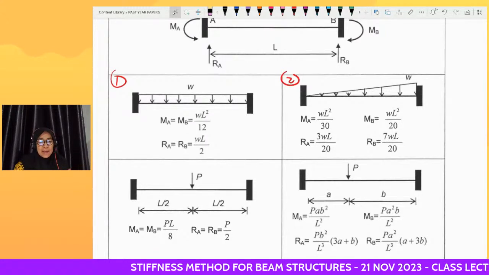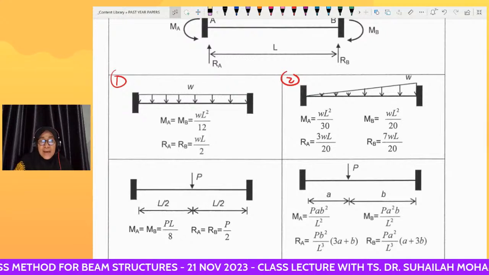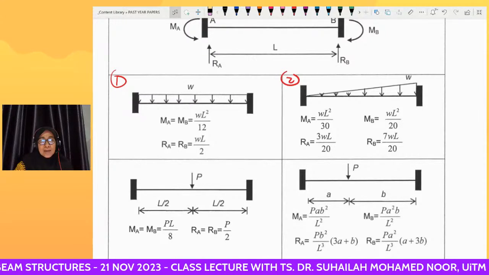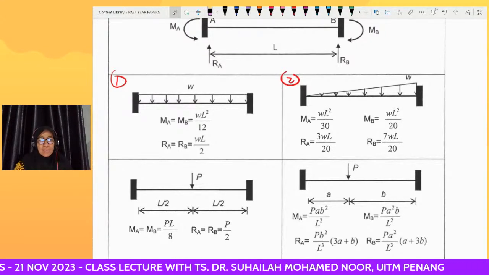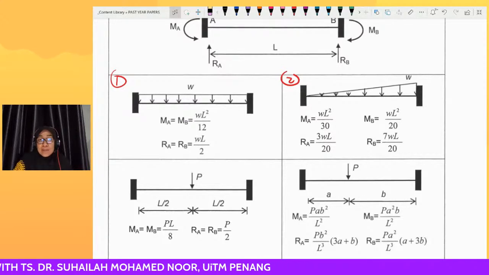Equally can be used whenever it is UDL, because UDL looks like one rectangle, and a rectangle is symmetrical.